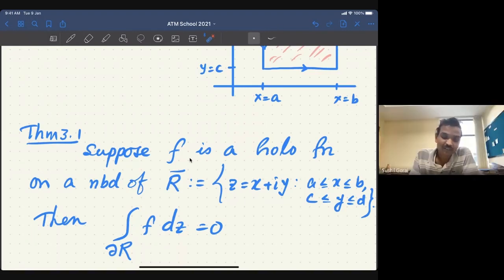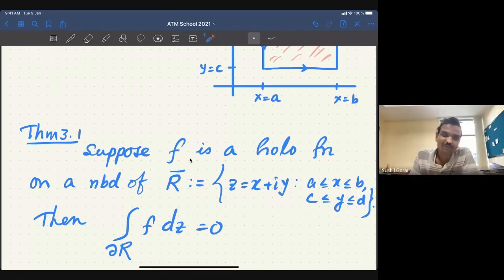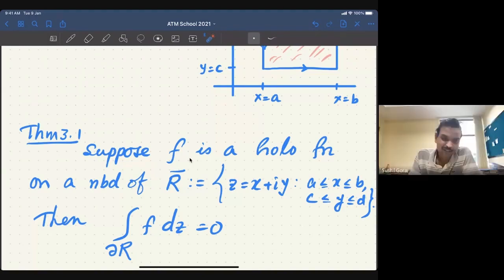Did you assume the derivative continuous? No. Are you sure you did not assume the continuity of the derivative? No, we did not assume. And still you can do.